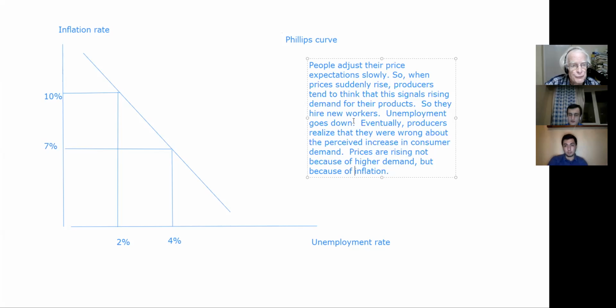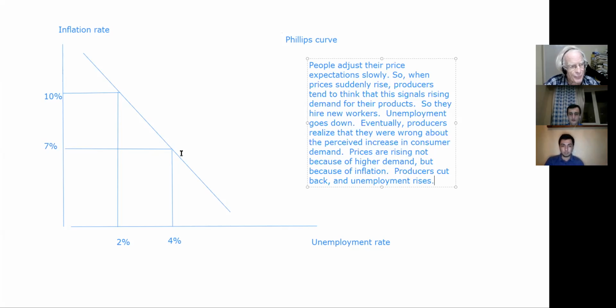So once they figure that out, they will lay off their recently hired workers. Producers cut back, and unemployment rises in that case.